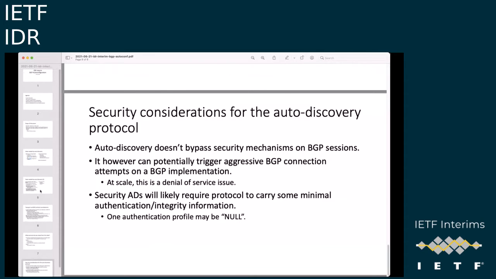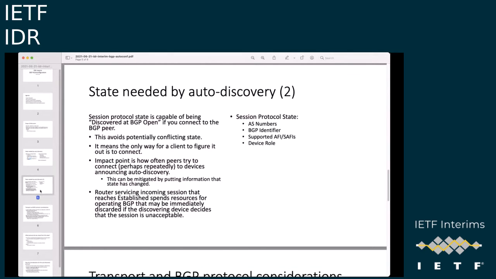The one last thing I'd like to leave with before we jump back to the actual discussion: as we were discussing on the list, with the discovered open mechanism, the main consideration for learning all the state is how aggressive you're able to be in trying to get it, and how long you may care to remember it based on your timers.